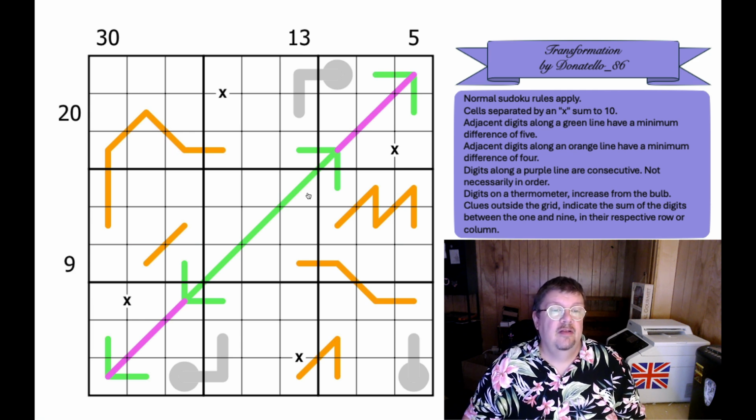First of all, you can't put a 5 on a German whispers line because if you did, then the adjacent digit would have to be either 0 or less or 10 or more, which aren't valid Sudoku digits.